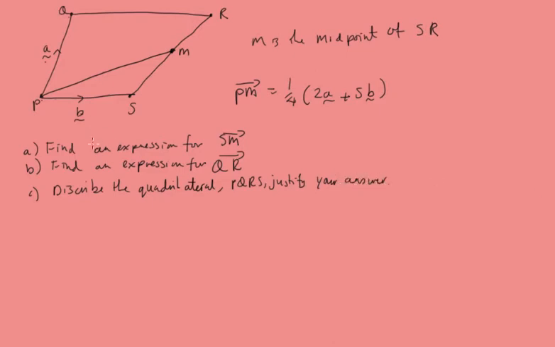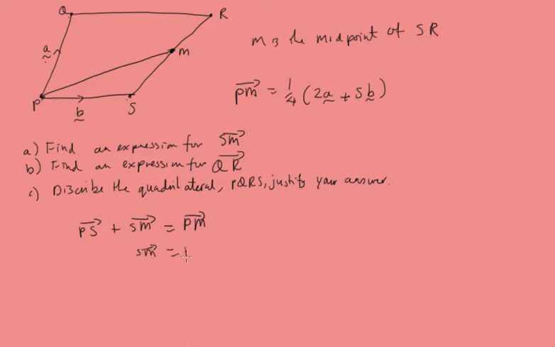So, let's look at what we want. We want to find SM. But if you think about it, PS plus SM is going to be equal to PM. So PS plus SM is equal to PM. So we can just do some simple algebra here.